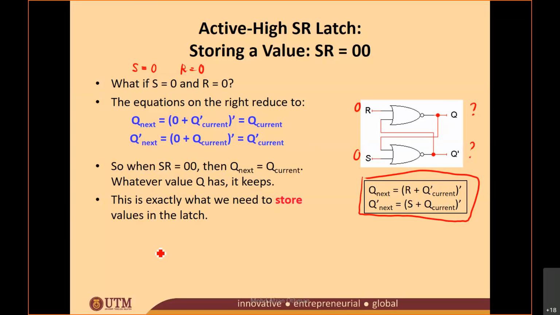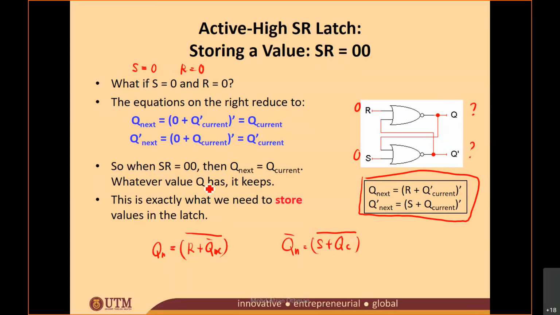Saya tulis kat sini: Qn is Q next sama dengan R tambah Q bar N, bar, and then the next is Q bar N sama dengan S tambah Q current, bar. Sorry, this is QC.